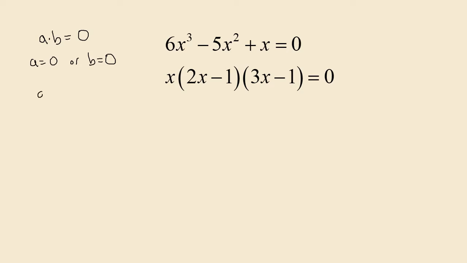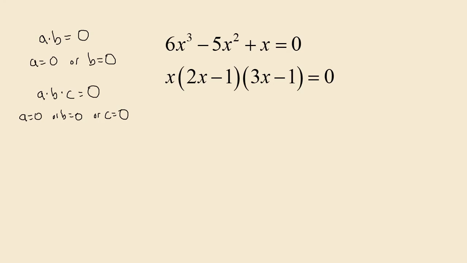Well, that actually works for any number of factors. So if a times b times c equals 0, then any one of those three things could be 0. So a equals 0, or b equals 0, or c equals 0. Any one of those things could be the case, or certainly if all three of them or any two of them were 0, it would work also. So that is what's going to come into play in this situation.